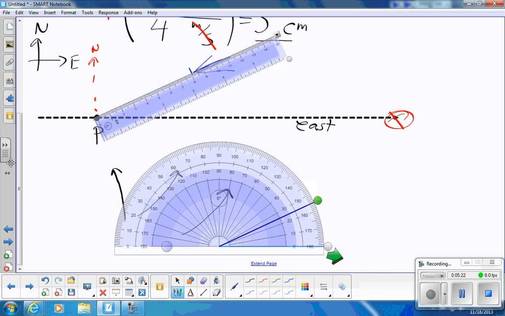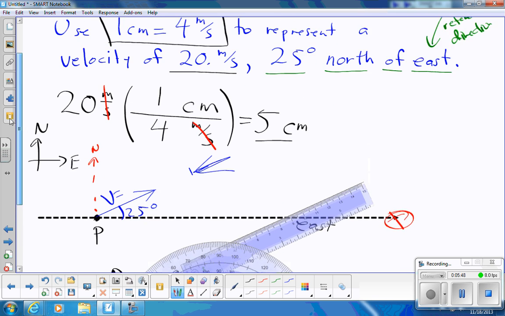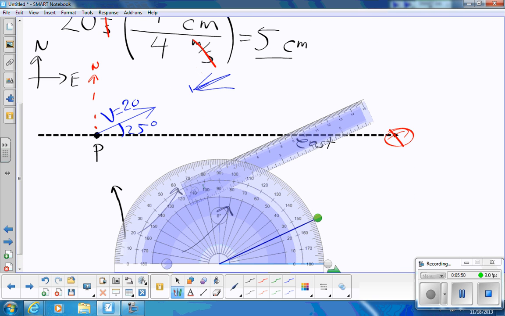I need to draw it 5 centimeters in length. And that's a perfect 5 centimeters. And then I'm going to get rid of the ruler, turn this into an arrow to make it a vector. Without the arrowhead, it's not a vector. I will label the 25-degree angle, because I measured that very carefully, and I will label this with the magnitude of the vector, which was 20 meters per second.